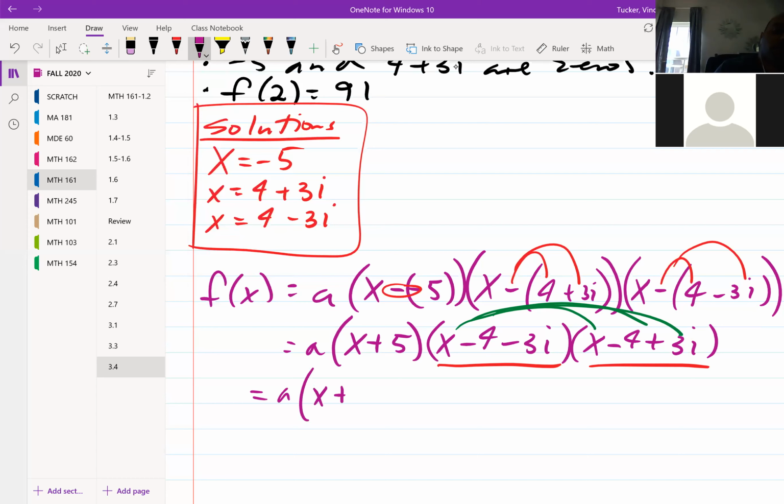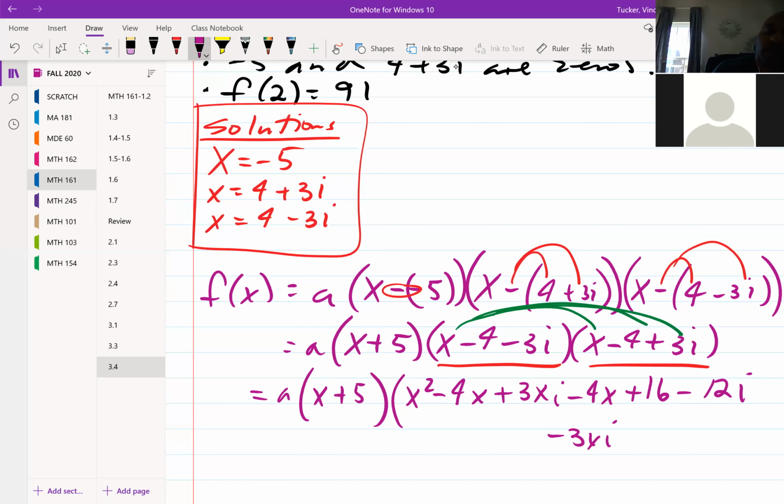So a and x plus 5 will still be here. It's going to be x squared minus 4x plus 3xi minus 4x plus 16 minus 12i, and then minus 3xi plus 12i minus 9i squared.